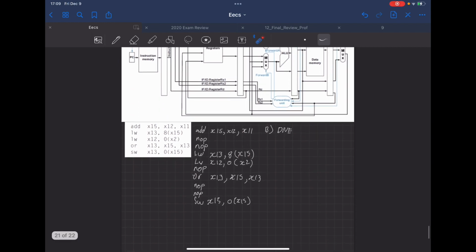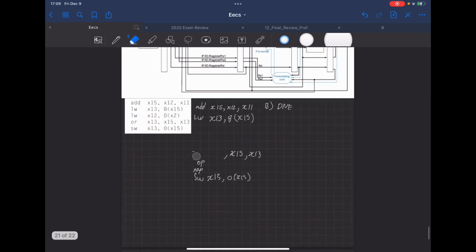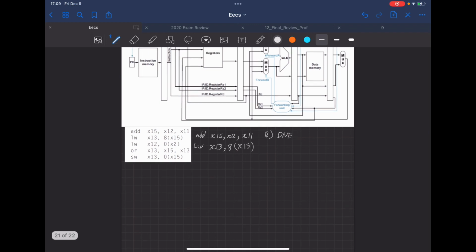So for example, for the nop instruction here, if we move it up here, I'm just going to write one diagram for us. Let me erase it. This is the one with this hazard right here, which is the read after write hazard.